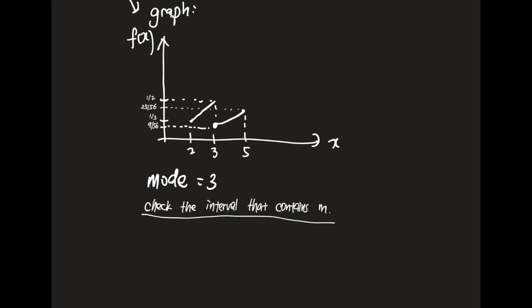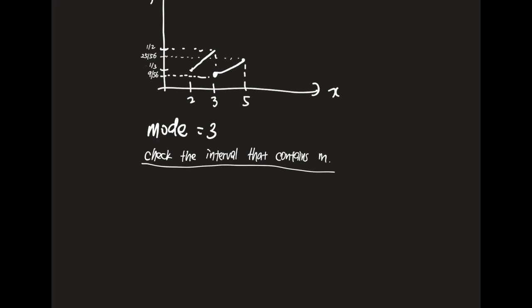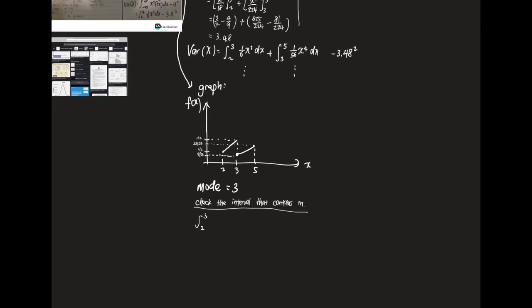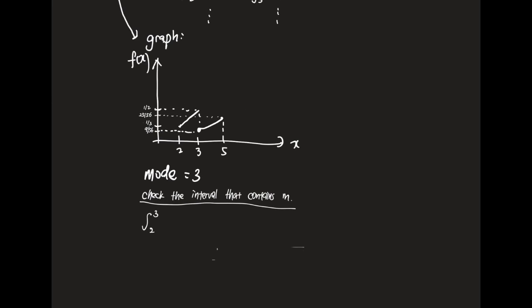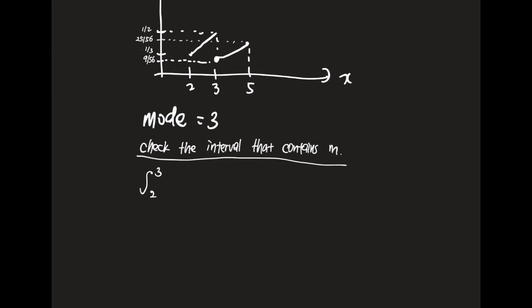Okay, so I am going to find out the area for the first graph, 2 to 3. My function is 1 over 6x. So become 1 over 6 x squared over 2.